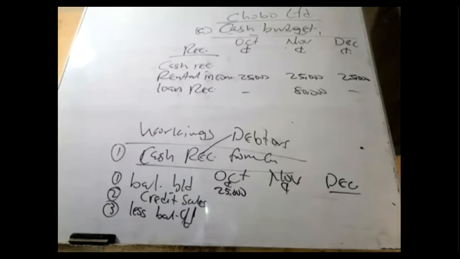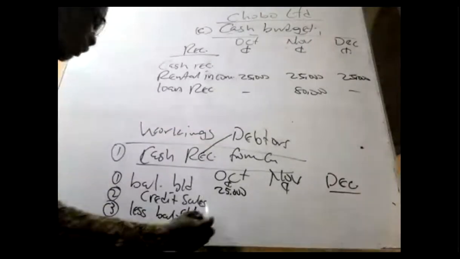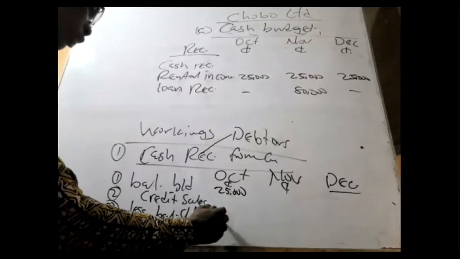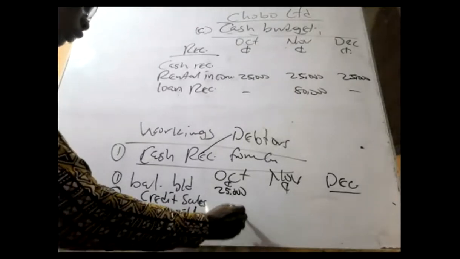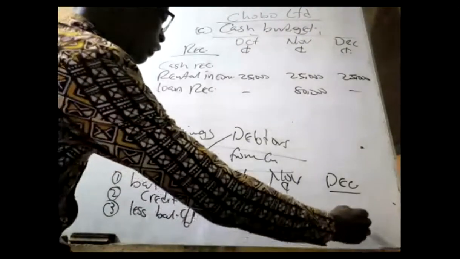Let's pick the closing balances for debtors: they are 15, 30, and 15, right? 15, 30, 15.